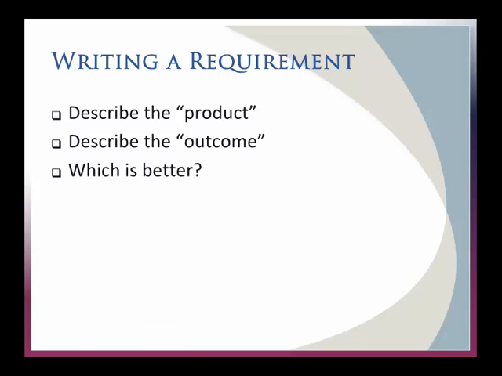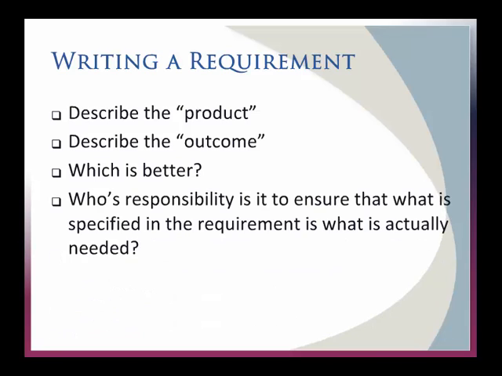So there are two schools of thought on this, and some people believe strongly that they should be describing the product, and that's the way to get exactly what you want. So there's a question of whose responsibility it is to ensure that what is specified in the requirement is what is actually needed. Open discussion point. I have my biases. Other people think differently.